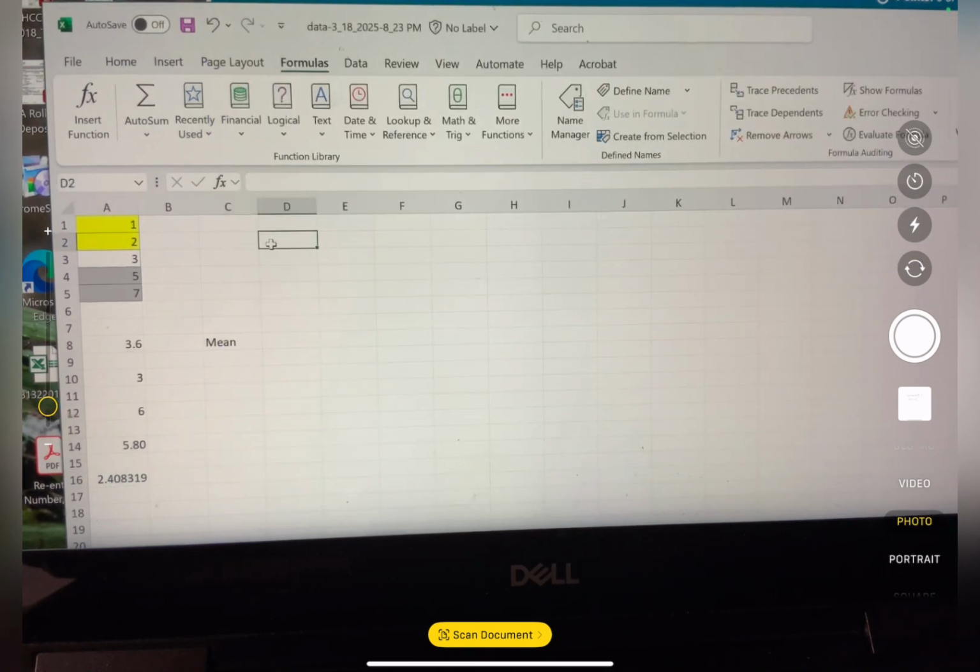So STD is 2.41, and my mean, which is average. Okay. Mean of the sample is, how much is it? 3.6. All right.